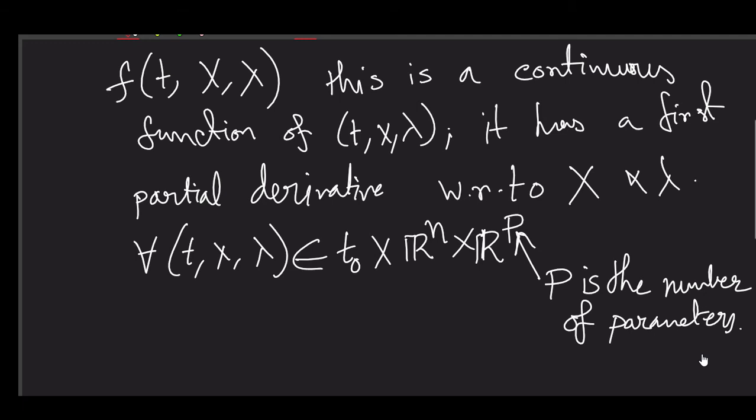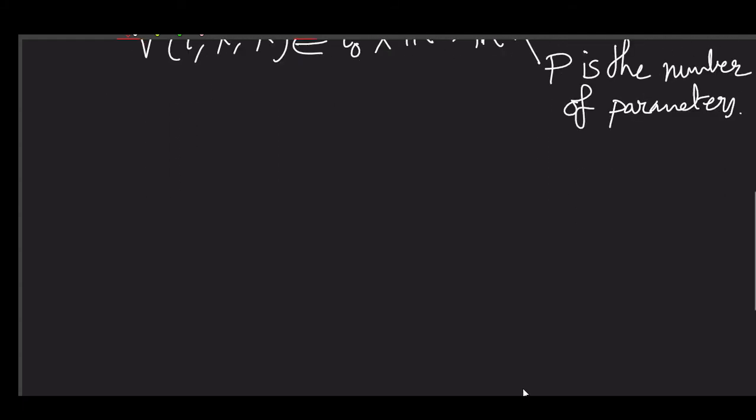Where p is the number of parameters, and again let us consider that lambda 0 be the nominal parameter.